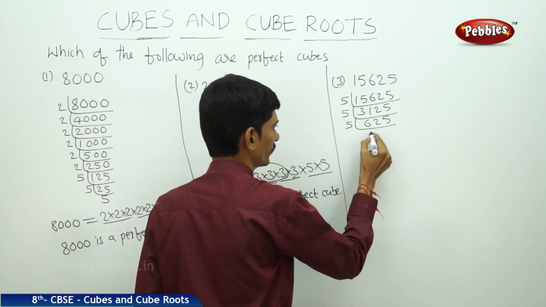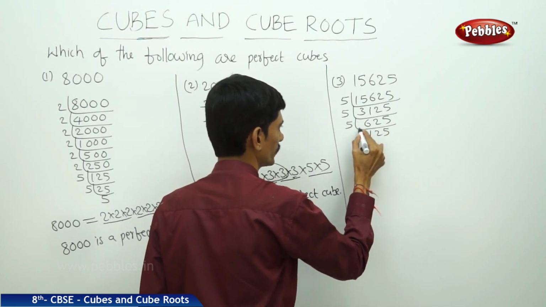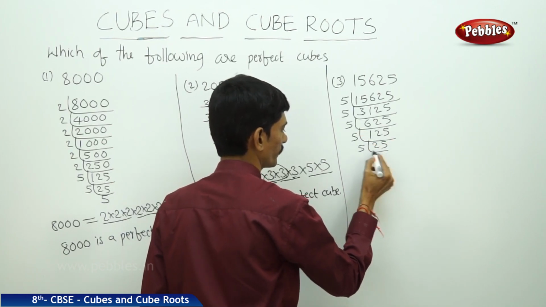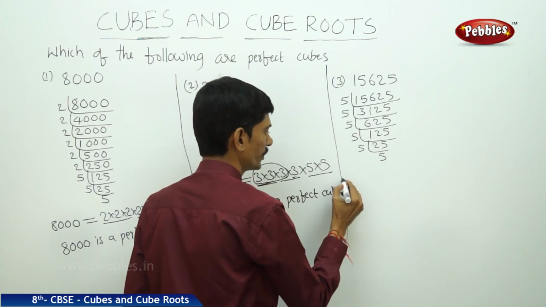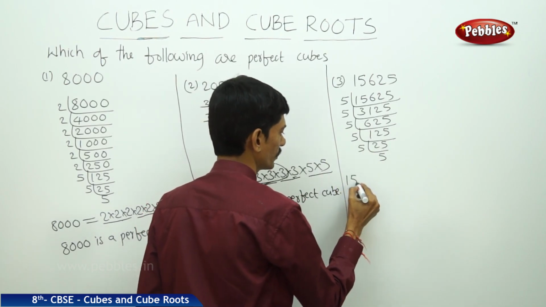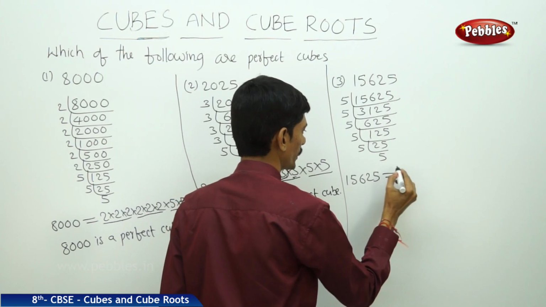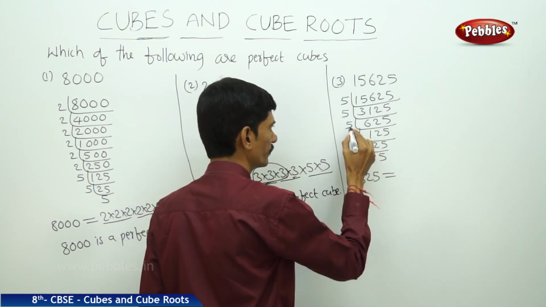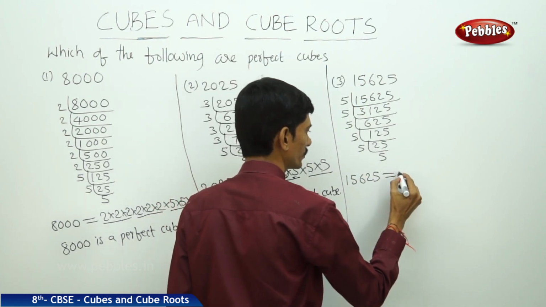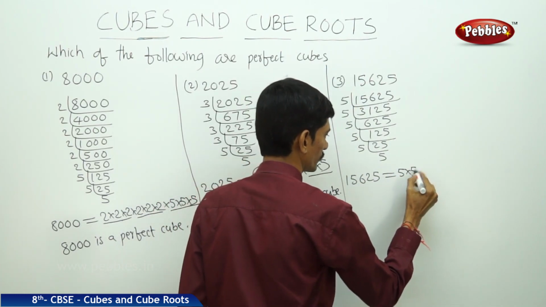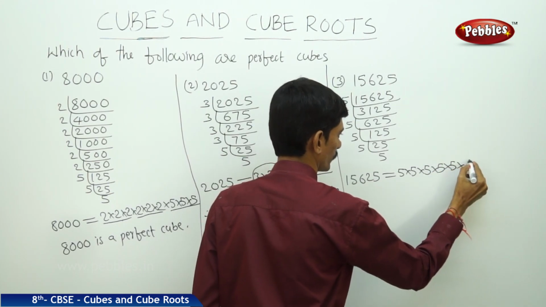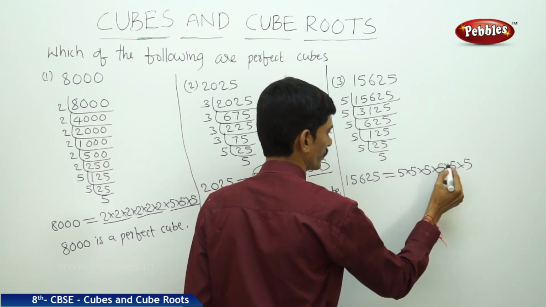Next 5 table: 5 125s are 625, 5 5s are 25. So when you factorize 15,625, we are getting only the prime factor 5. There are six 5s: one, two, three, four, five, six.